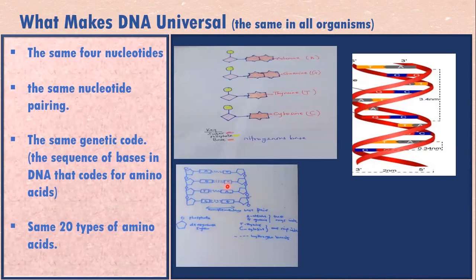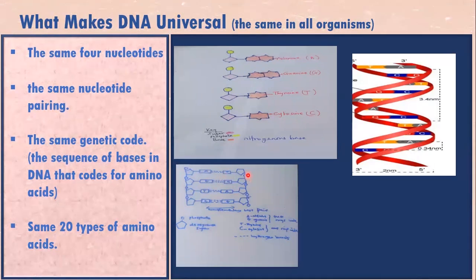And in all organisms, the genetic code, that is the sequence of bases that stand for one amino acid, is the same. So you have thymine here, cytosine here, adenine here.